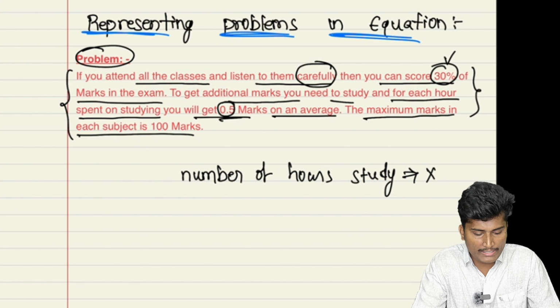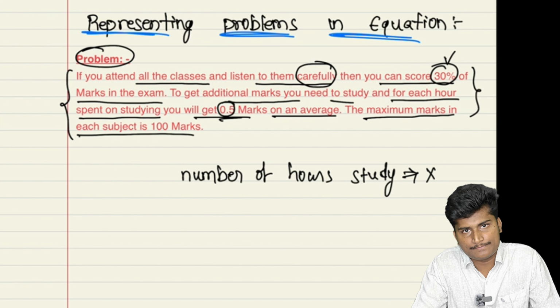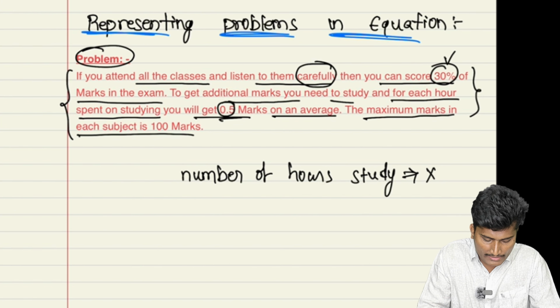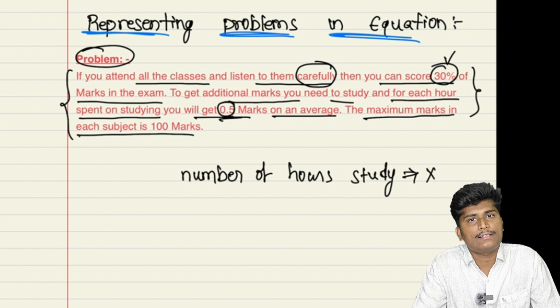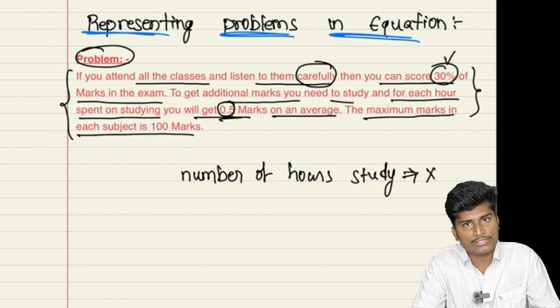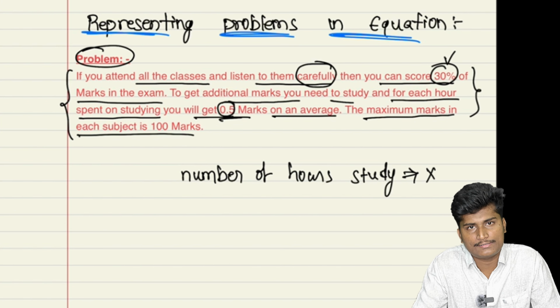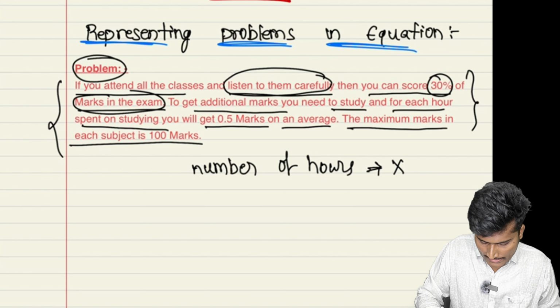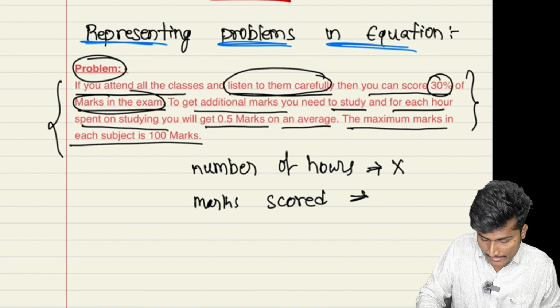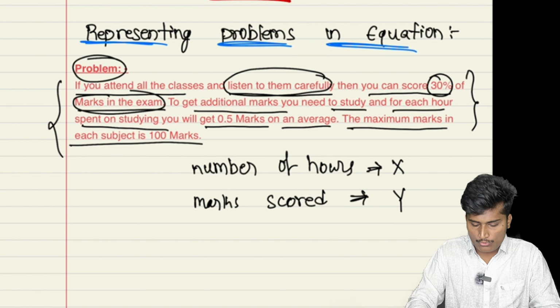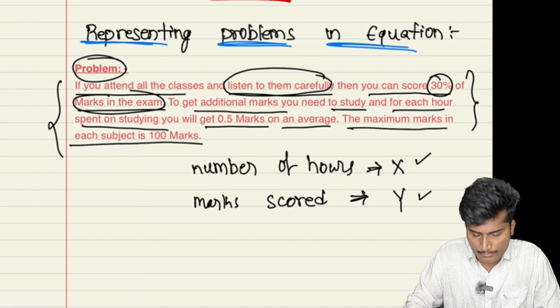You may spend only 10 hours, and for 10 hours you will get 0.5 for each hour, that is 5 additional marks over the 30% of marks you get from listening to the lectures. And there is one more variable, that is the marks you are going to score. Let's represent that as y. Now, these two are the variables.